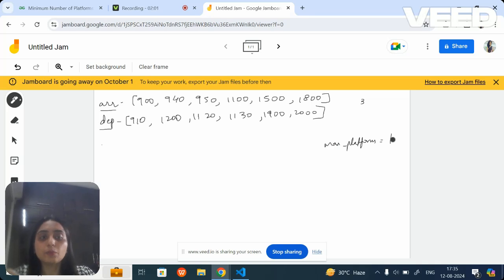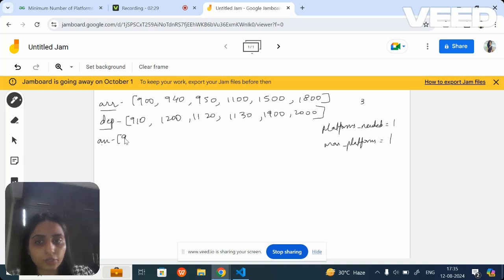So currently I'll keep one because at least one platform will be there, and one will be the platforms needed. That is one. Platforms needed meaning, do you need a platform? No.